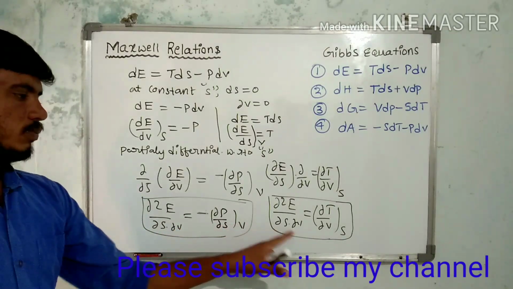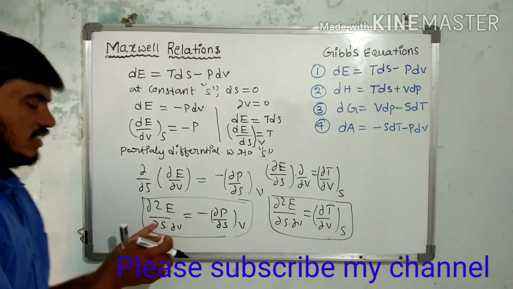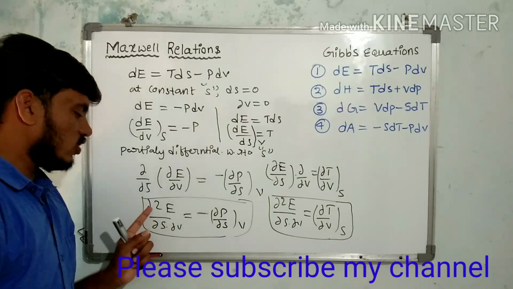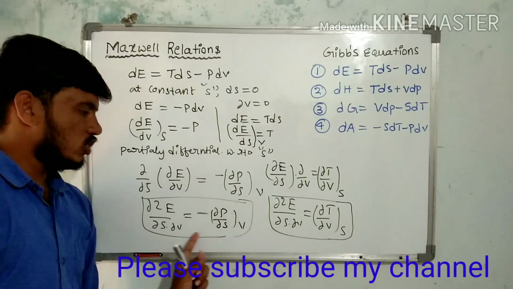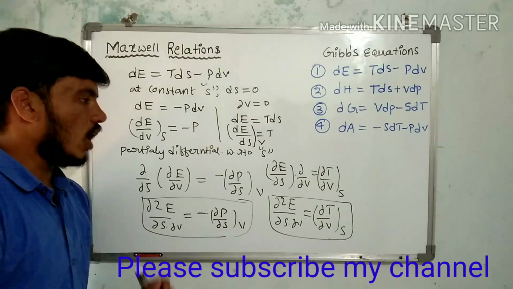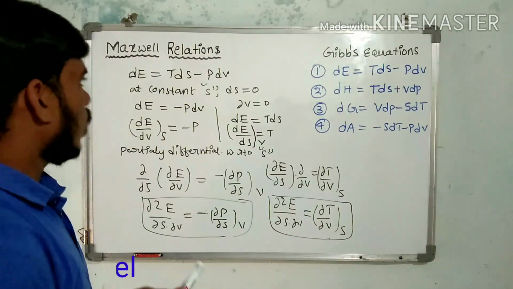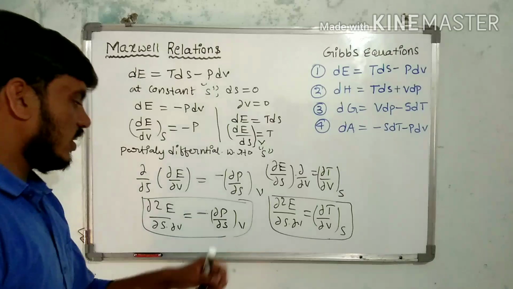Now these two expressions have the same left hand side, dou square E by dou S dou V, so the right hand sides are equal. This gives one of the Maxwell relations.